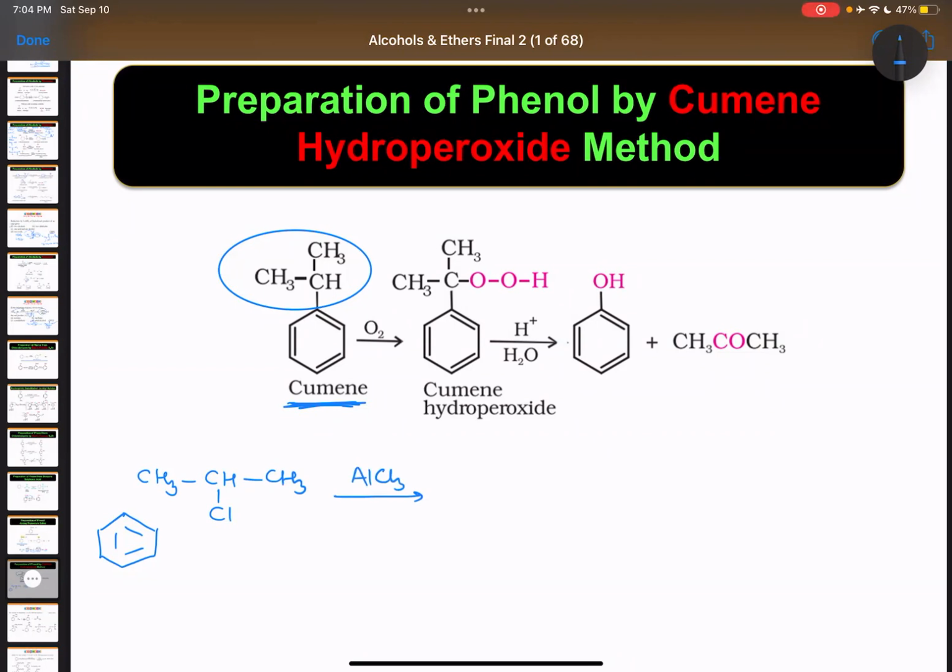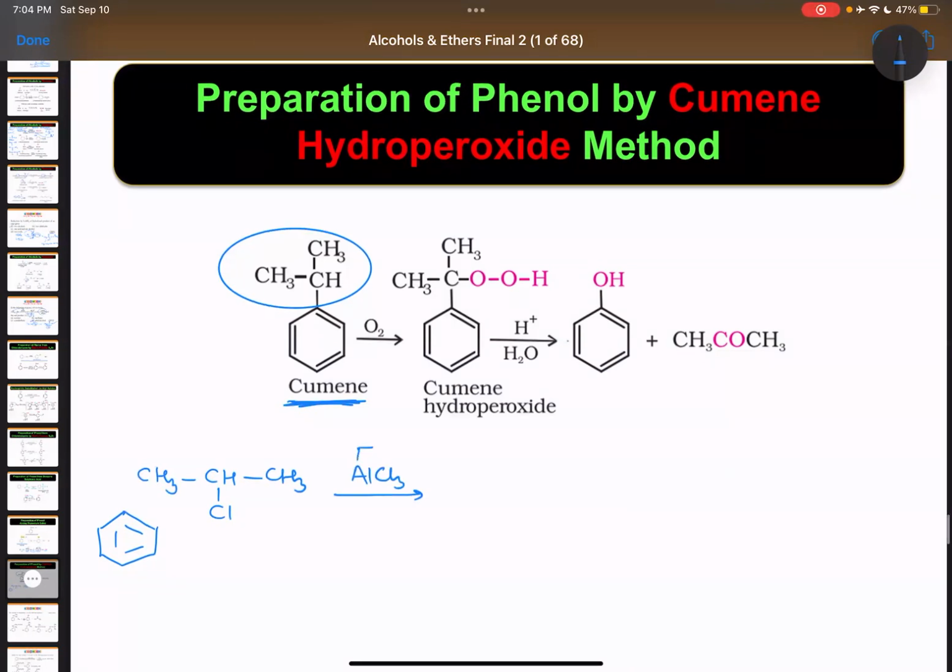So what will AlCl3 do? AlCl3 has a vacant p orbital. I'm putting it as a box to make you understand that it is an electron acceptor.